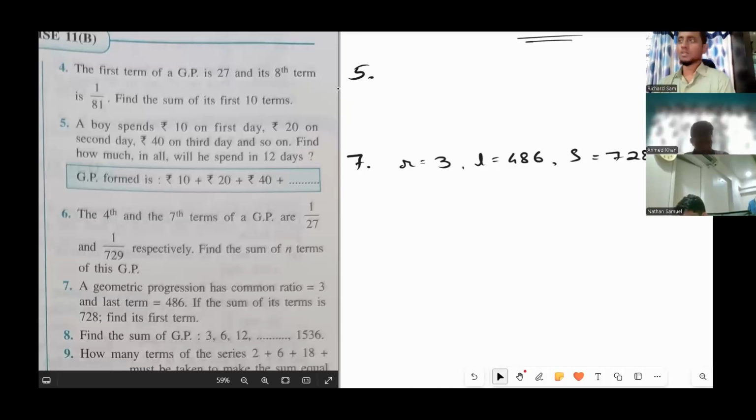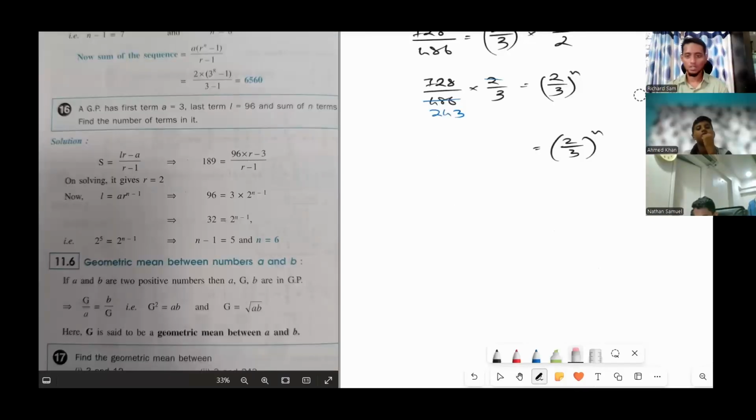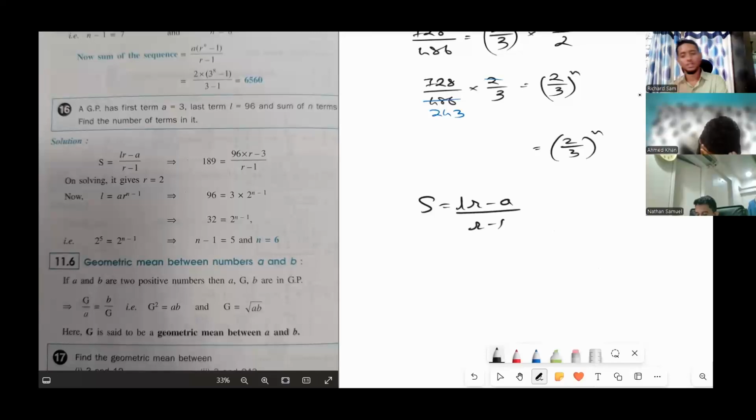Okay, how do we do this? L is given. We don't need L, no? Anyone, any idea? What we don't have is A and we don't have N. So the formula here is S is equal to LR minus A upon R minus 1. So here we have first term, last term, the sum and the ratio.